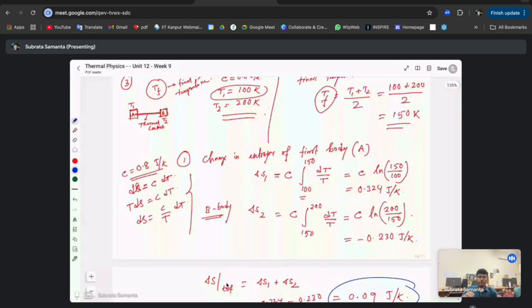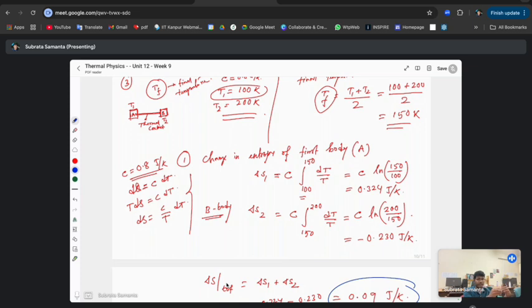So basically, first we calculate the common temperature TF. Due to the change in temperature of the first body from 100 Kelvin to 150, the common temperature, we first calculate the change in entropy, and similarly we calculate it for the second body.